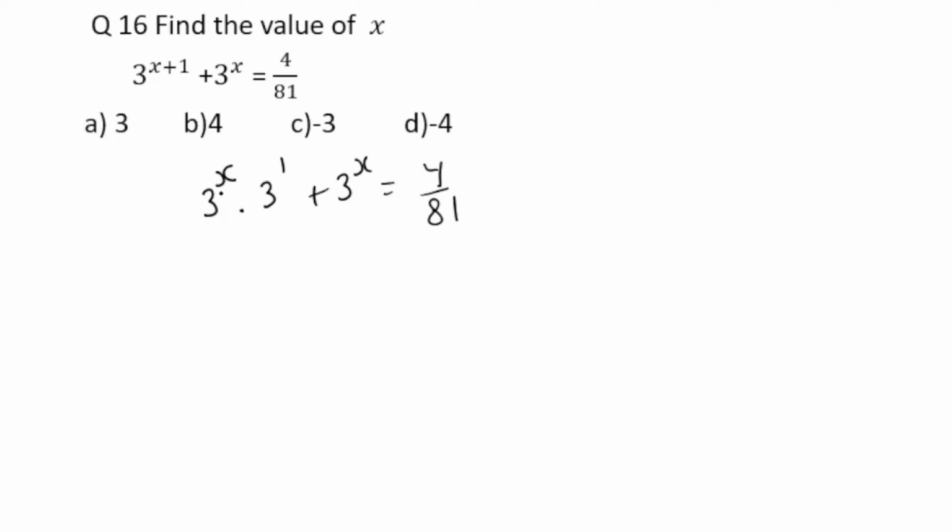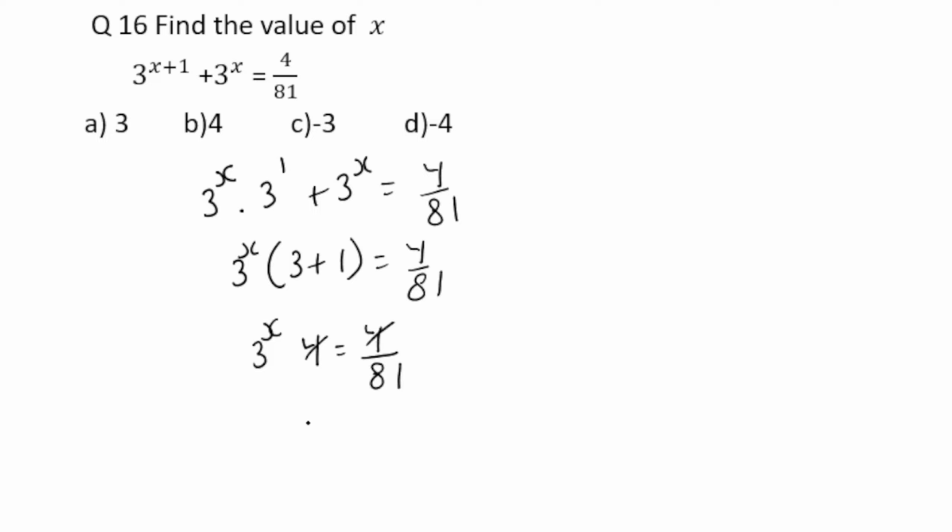We can take 3 to the power x common: 3 to the power x, 3 plus 1, 4 equals 4 over 81. The 4s cancel. Now we have 3 to the power x equals 1 over 81.